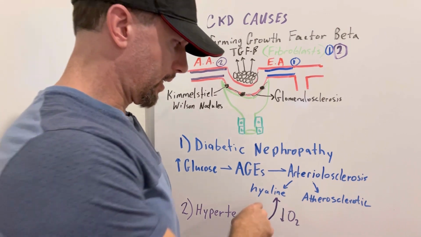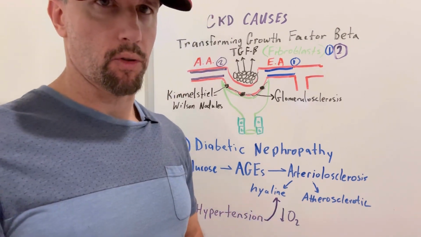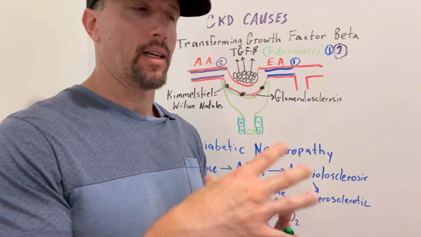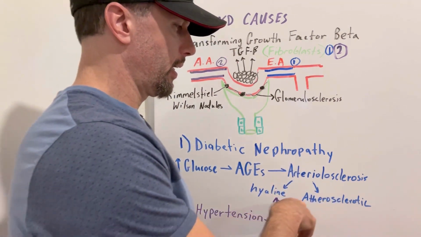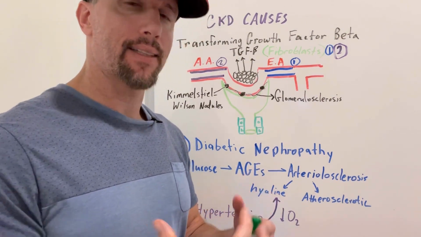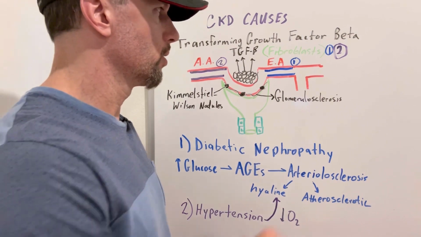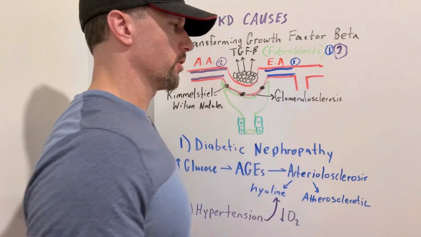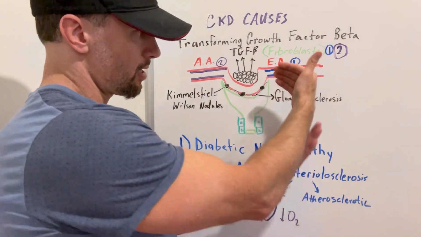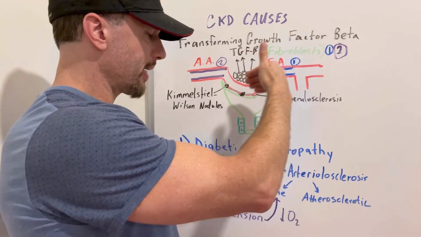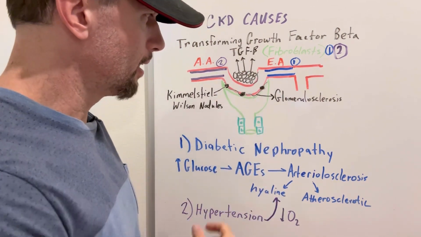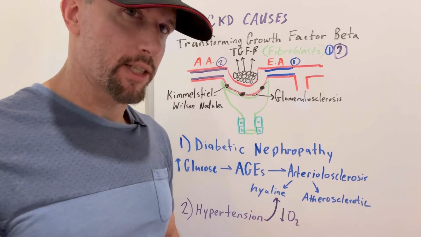So it can either form hyaline arteriolosclerosis, where it deposits proteinaceous deposits, or it can cause atherosclerotic lesions, where you have fatty plaques, oxidized LDL in this arteriole. Either way, the arteriole gets thickened, so it causes a backflow into the glomerulus here. And what happens is that you end up having more filtration than normal.